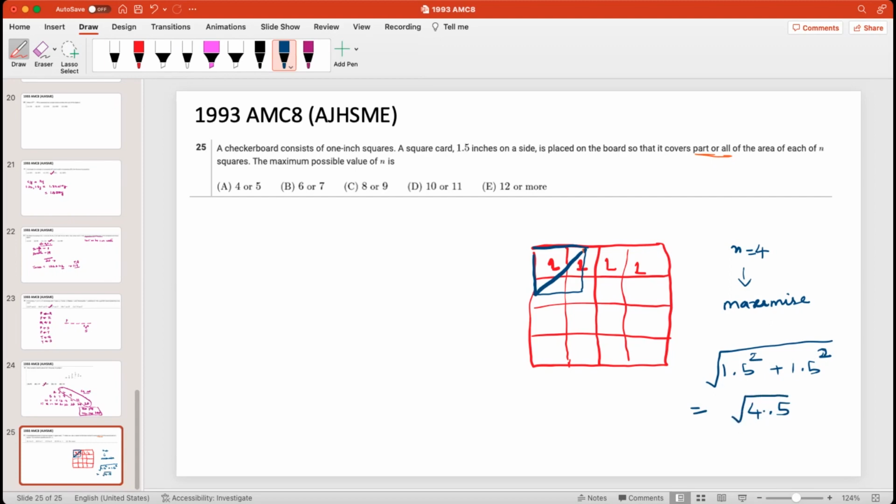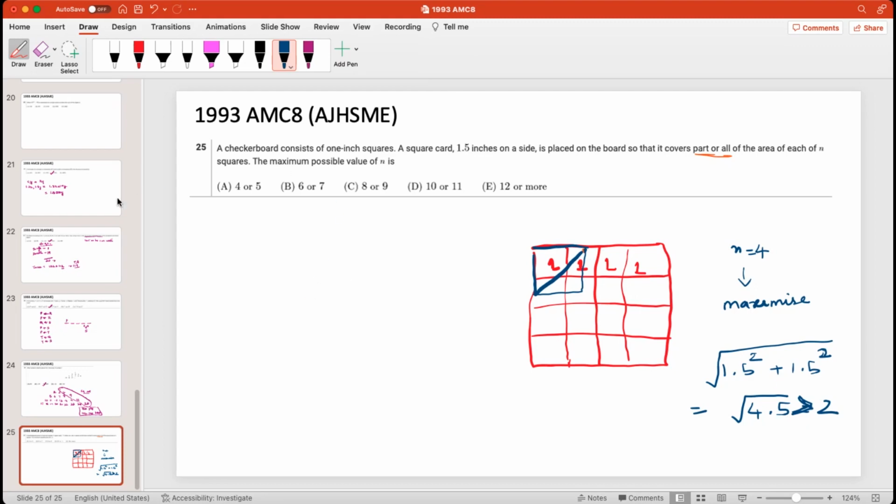Now the square root of 4.5, let us see whether this is larger than the side. So this is definitely greater than 2, right? So not equal to, it's greater than 2. So this diagonal is greater than the side of two smaller squares. So this is one, this is one, right? The red squares I'm talking about. So two red squares, side is 2, but here I have something which is greater than 2.